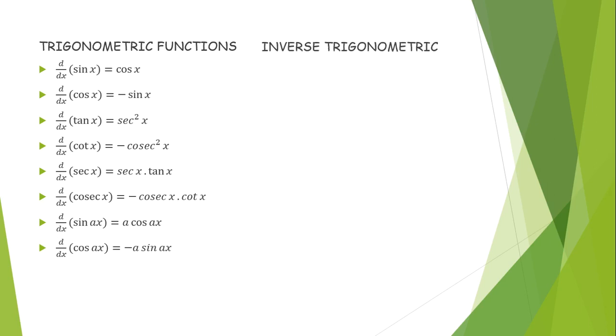Now inverse trigonometric functions. d by dx of sin inverse x equals 1 by root over of 1 minus x square. Here mod x is always less than 1. d by dx of cos inverse x equals minus 1 by root over of 1 minus x square. Here mod x is also less than 1.